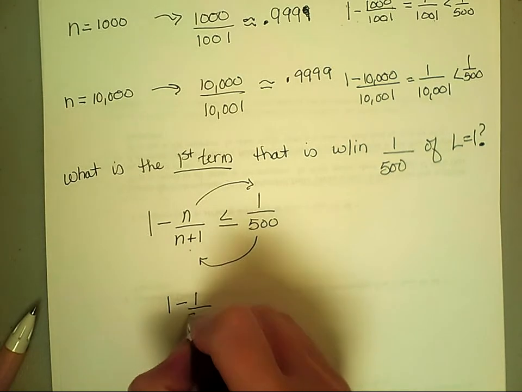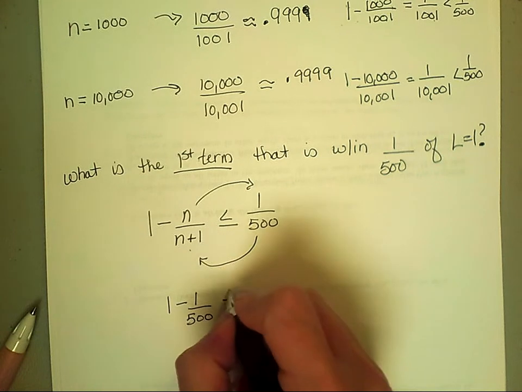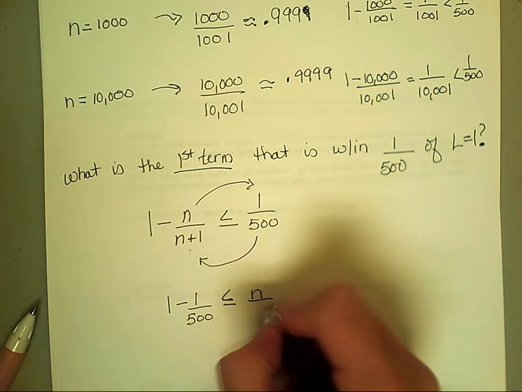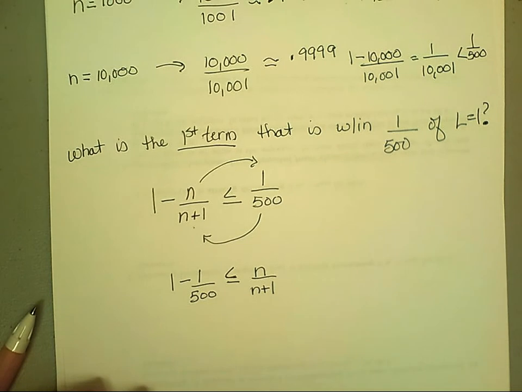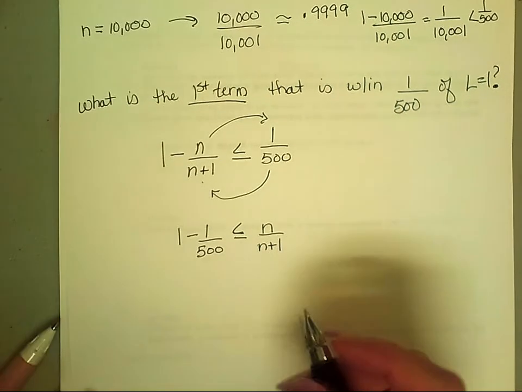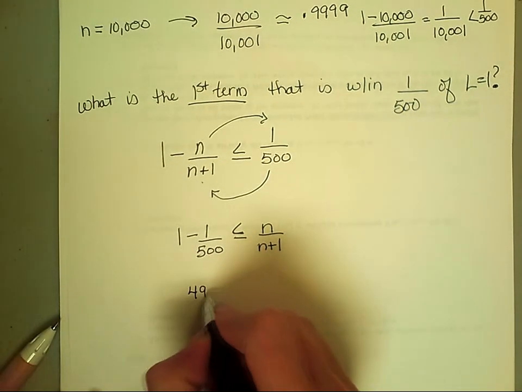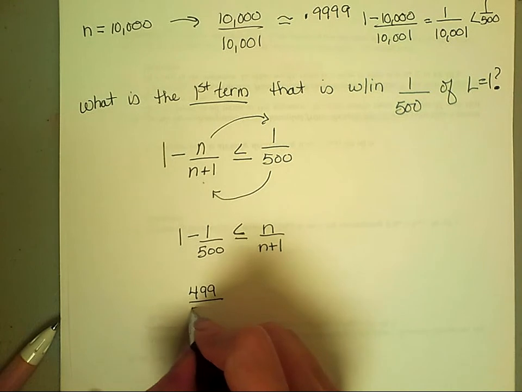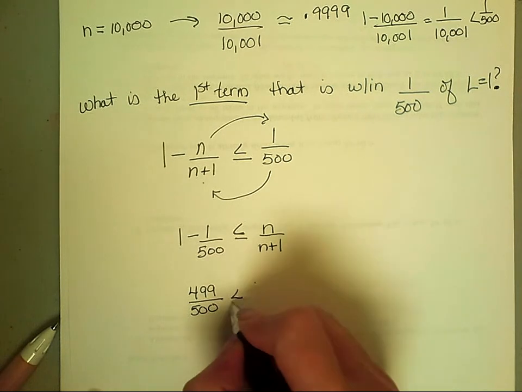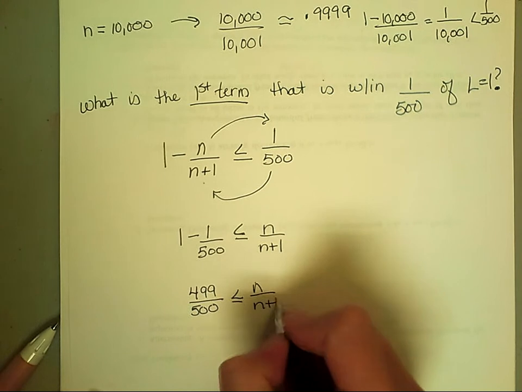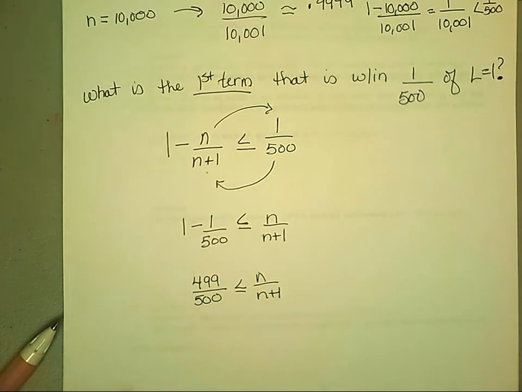So 1 minus 1 over 500, where is that less than or equal to n over n plus 1? Well, 1 minus 1 over 500 is 499 over 500, less than or equal to n over n plus 1.